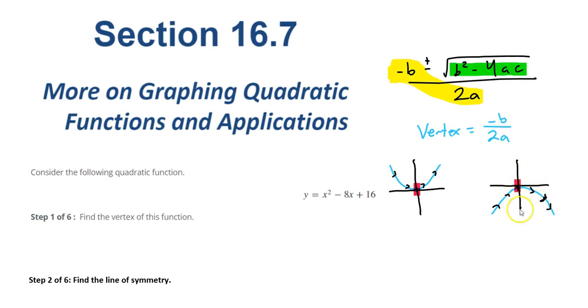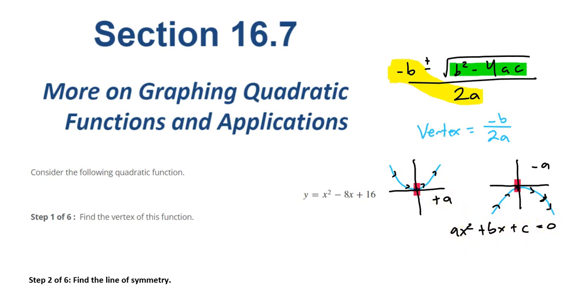Okay, this right here, your parabola, your a value for this would be negative. So you'd have a negative a. Here, you would have a positive a value. Remember this a being the a in ax squared plus bx plus c equals 0.